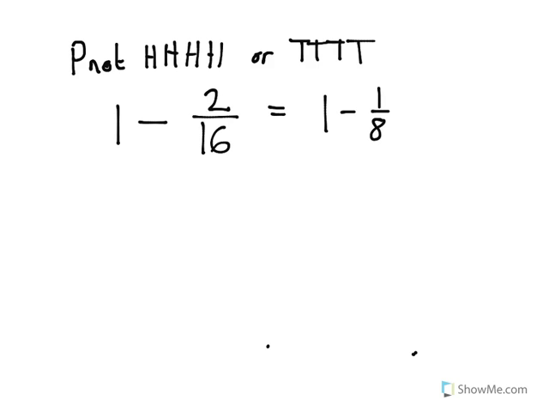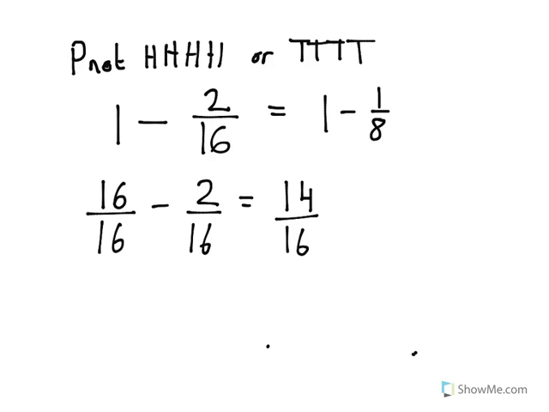So the probability of it not being head, head, head, head, or tail, tail, tail, tail, is the same as 1 minus 2/16. Let's change 1 into 16/16 minus 2/16 equals 14/16, which is the same as 7/8, which is what we would expect.